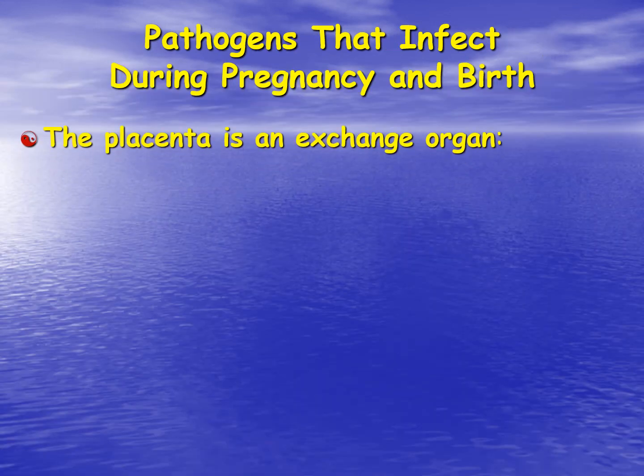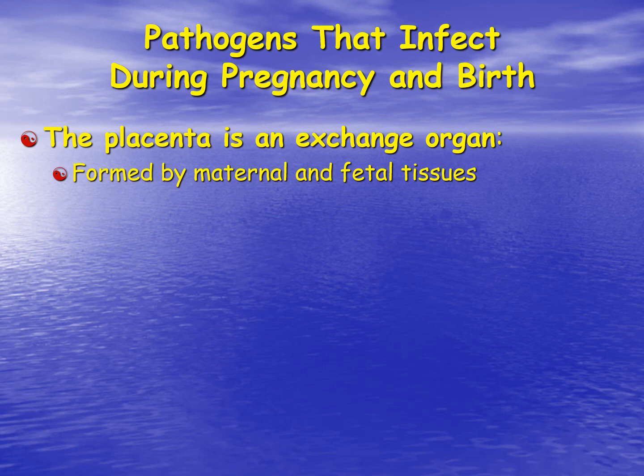Now, the placenta is an exchange organ, but it does form what we call the maternal and placental barrier. The placenta is made up of contributions from the endometrial wall of the uterus and from the extra embryonic tissues formed from the original embryo.